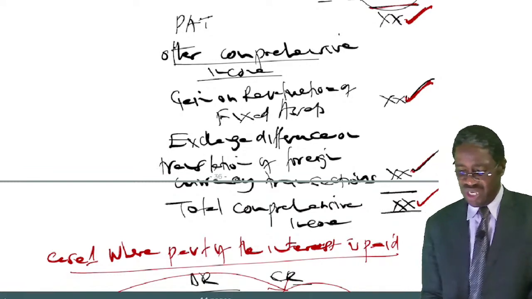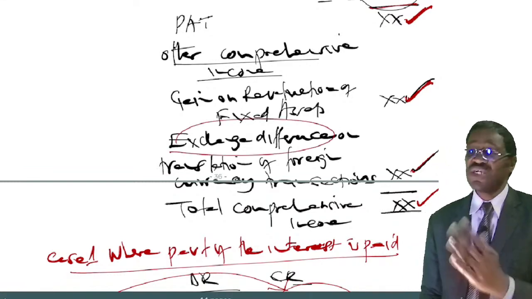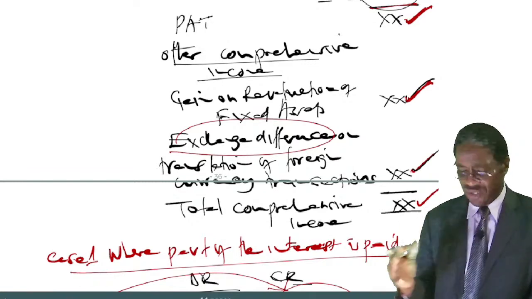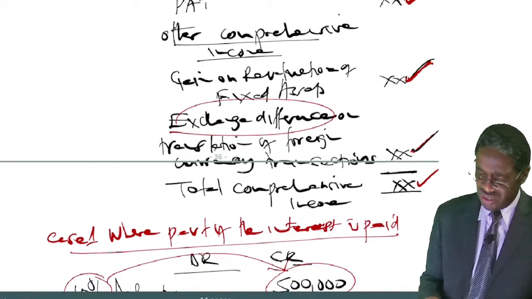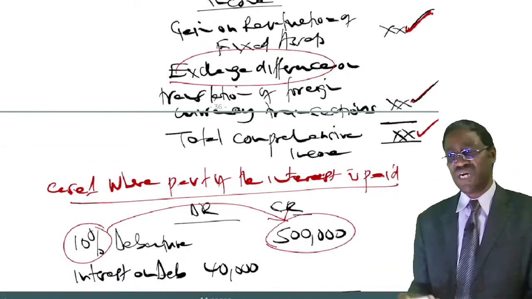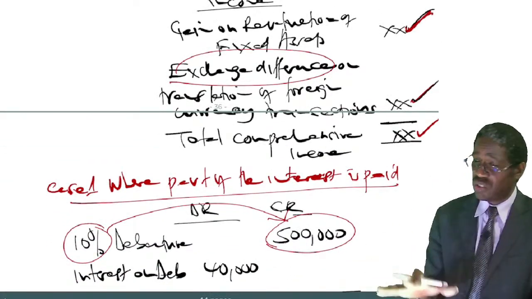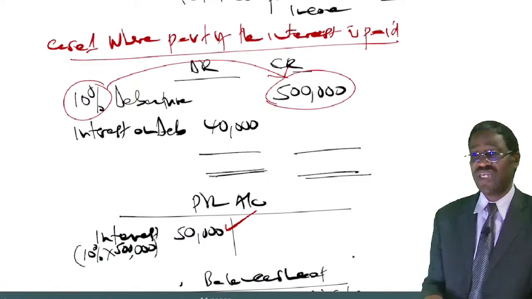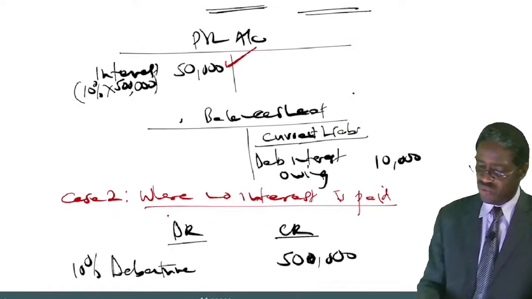The other example we gave was the exchange difference on translation of foreign currency transactions. I don't have to go back to the details. After that, we finished the income statement. We looked at how to treat debenture interest. You can see there, that's what we did.